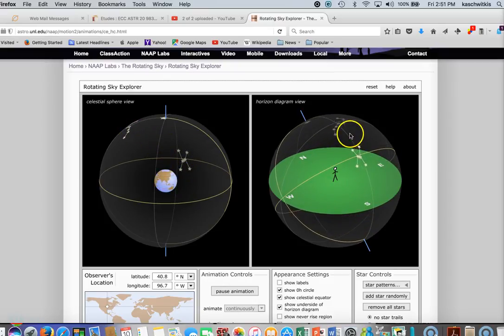But this is what it appears to us. It appears that the Earth does not move and that the whole sky moves around for us. This is also a nice way to introduce the idea of horizon and zenith and this type of motion.